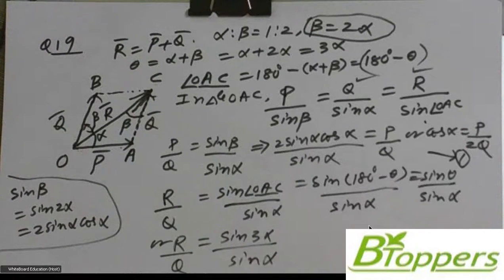So you can use a formula in trigonometry: sine 3 theta equal to 3 sine theta minus 4 sine cube theta. This formula I have given in one of the problems before I started discussion of solutions. You can use it here also.